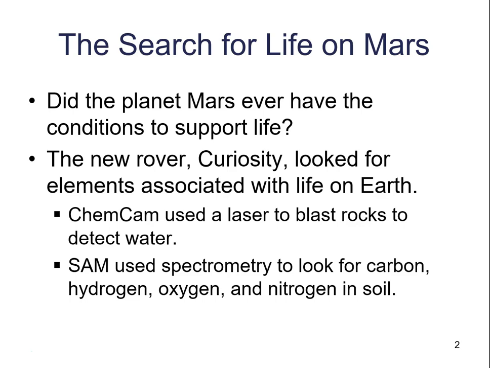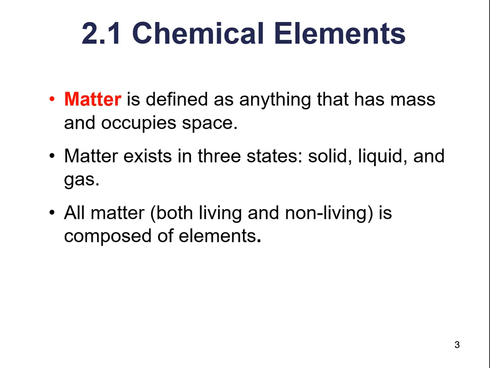Then there's another part of the rover called SAM, which stands for Sample Analysis at Mars, and that uses spectrometry to determine what types of elements are there, particularly looking for carbon, hydrogen, oxygen, and nitrogen in the soil. Okay, so this chapter is focused on chemistry and it's just a very basic introduction.